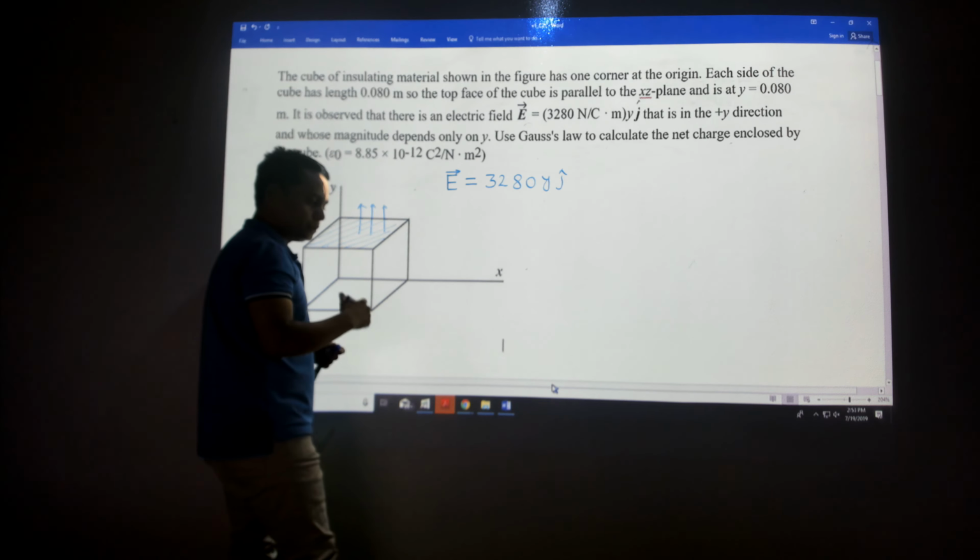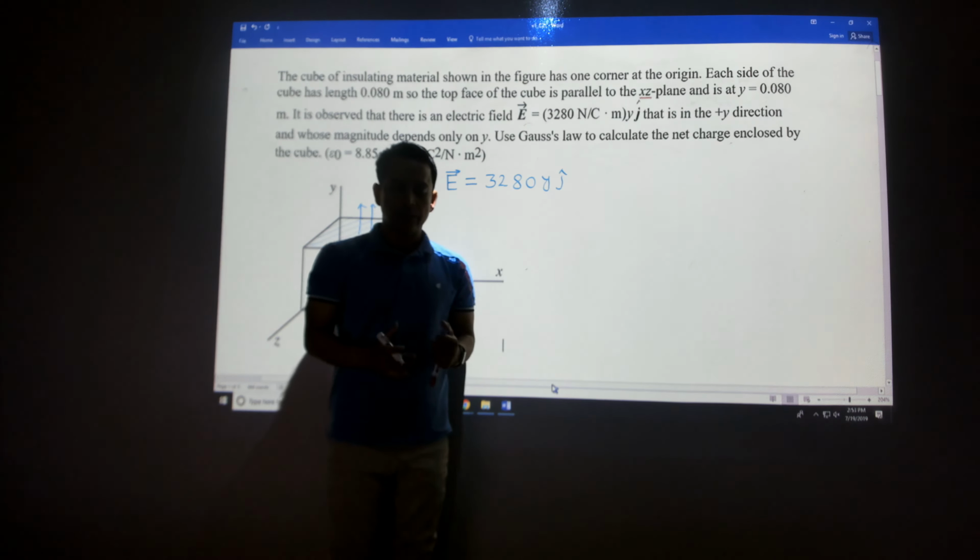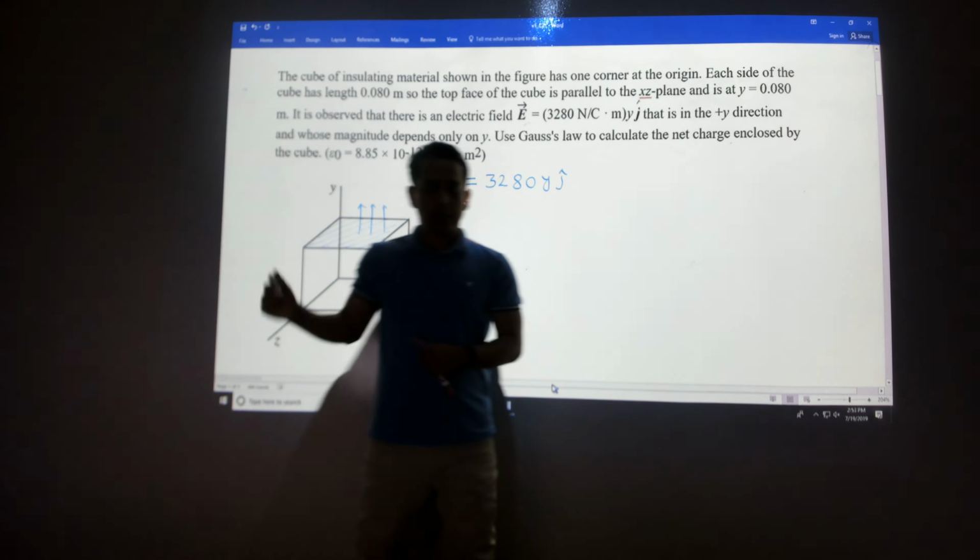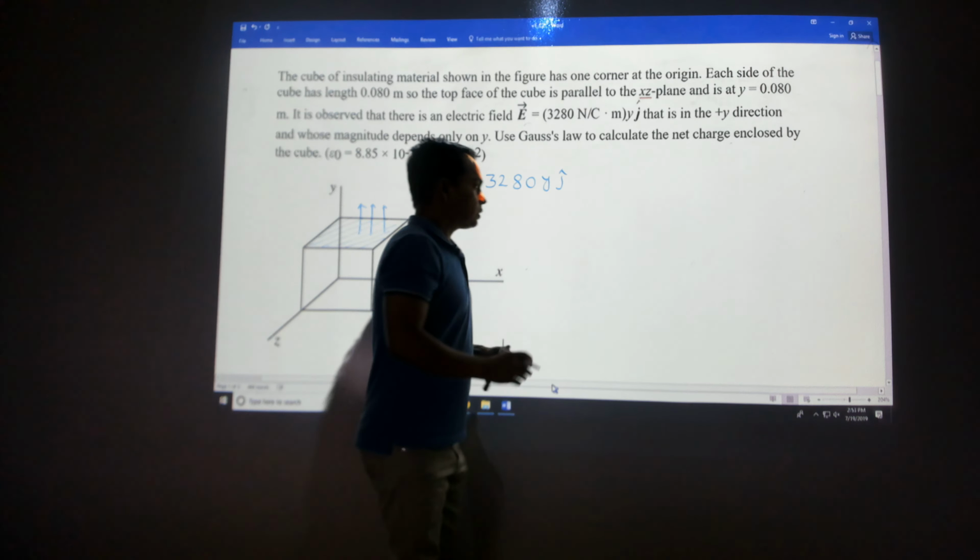So how do you use Gauss's law to calculate the charge enclosed within the cube? What does Gauss's law tell you?